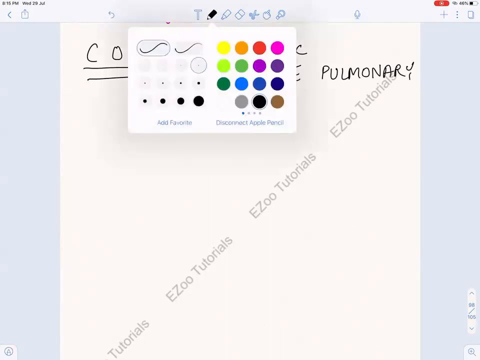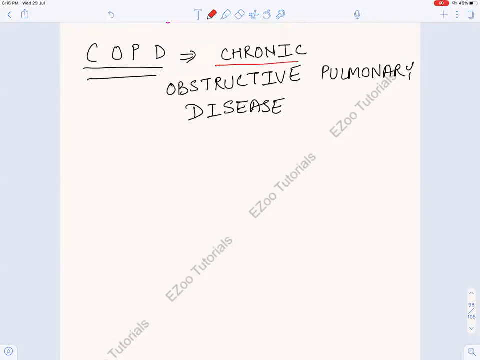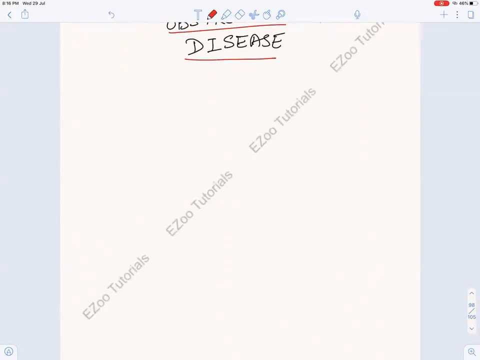Right? So now we are going to study chronic obstructive pulmonary disease, COPD. Okay, so what is this COPD? It is a common respiratory problem.